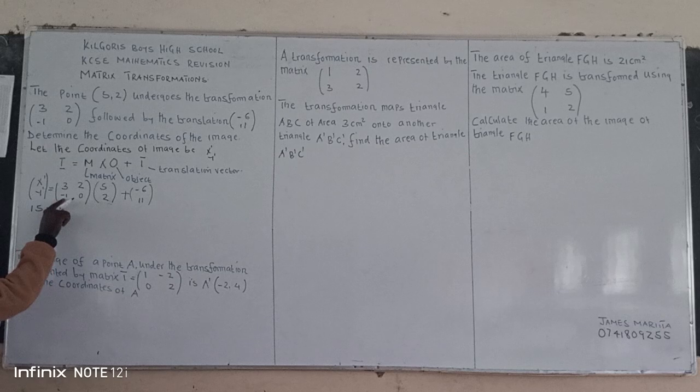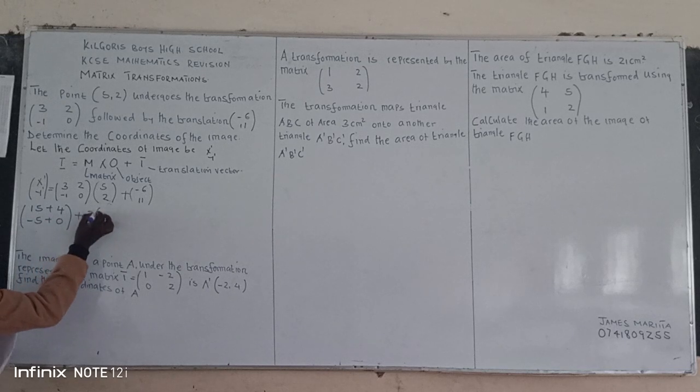Next, -1 times 5 is -5, plus 0 times 2 gives 0. Then we add (-6, 11).